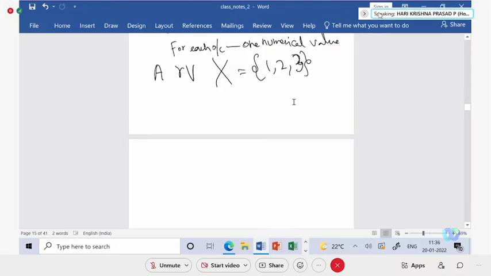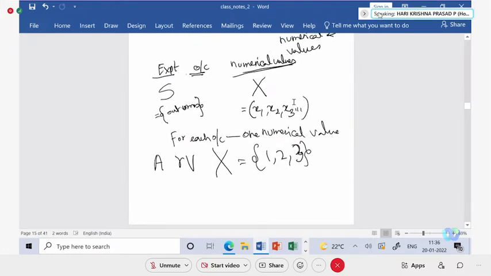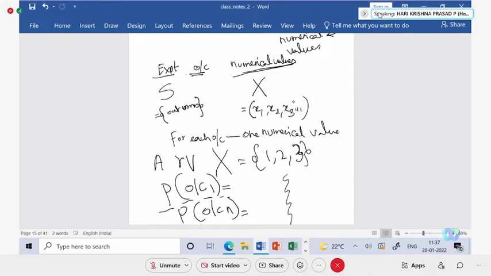So also what we saw was each outcome happens with certain probability. What is the probability of outcome 1 happening? What is the probability of outcome n occurring? Since each outcome is represented by a numerical value, what is the probability that the random variable x takes a value of 1?